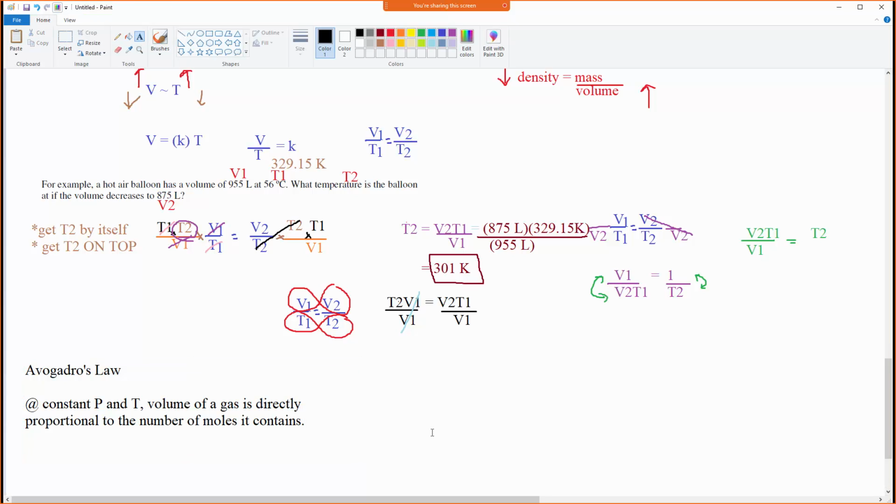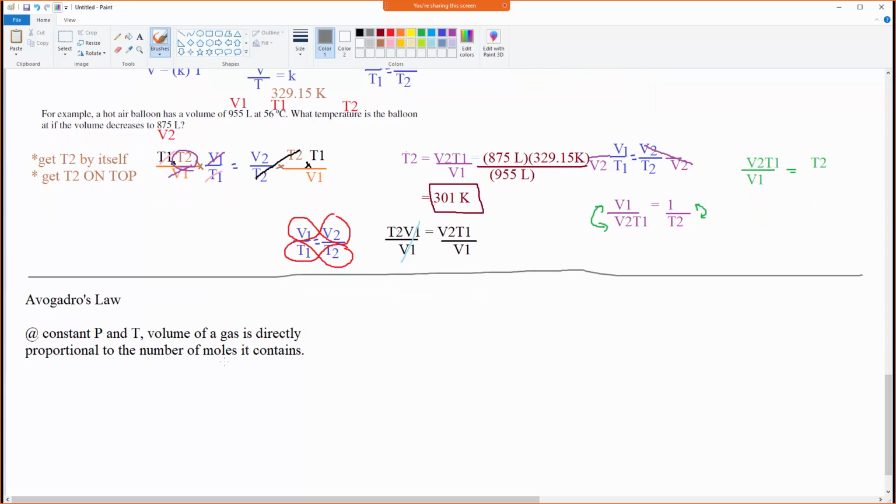Now, at first glance, this is going to seem like a really obvious statement, right? I mean, you're saying the more particles I have, the more space it takes up. Whoa, crazy talk. I can't believe you actually had to state that. But the really interesting thing about this law is that it's the same for all gases.